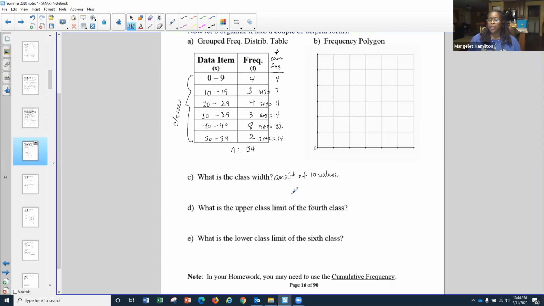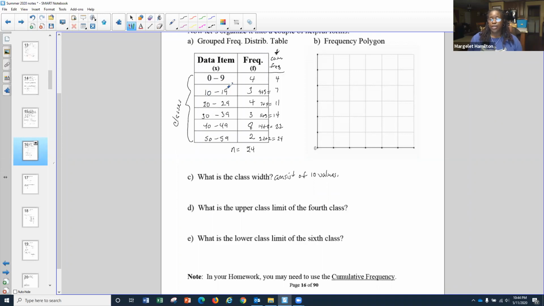10 values. How can you find this out another way? You can simply subtract either the lower values or the upper values. So when you have a class, you have limits. So you have upper limits and you have lower limits of the classes. So the smaller number, reasonably enough, is your lower limit.